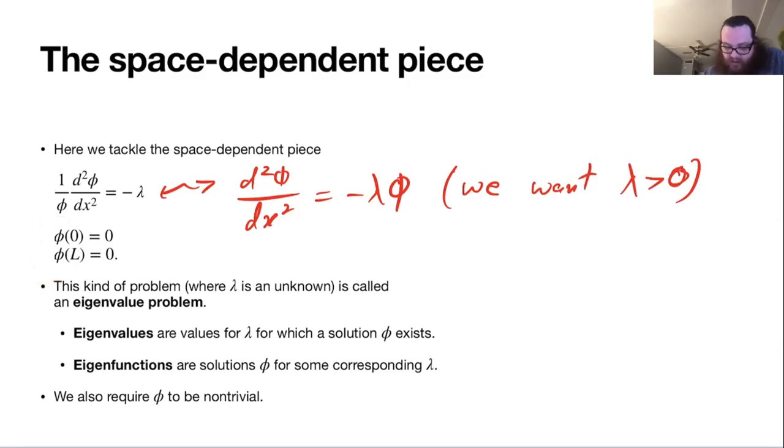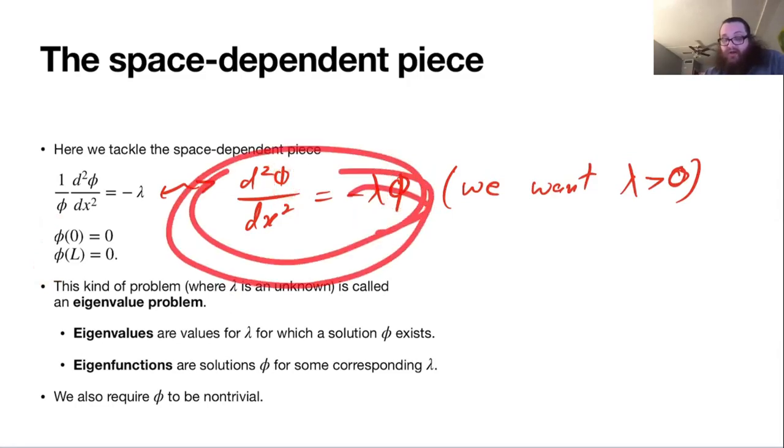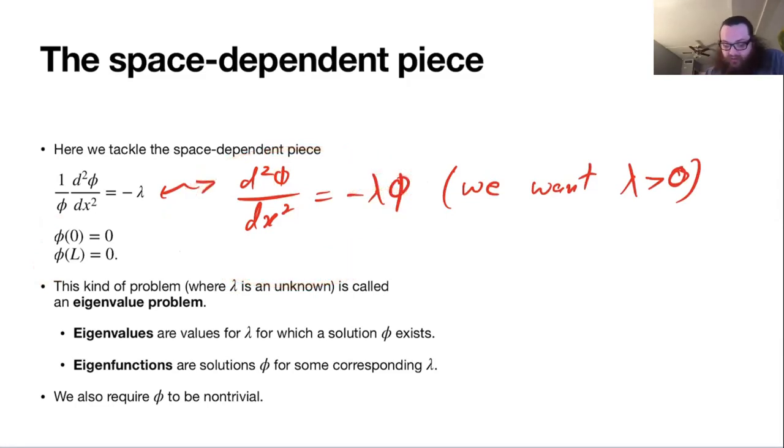So these are examples of eigenvalue problems where lambda is an unknown as well as phi. And so the question is, which pairs phi and lambda satisfy this equation?